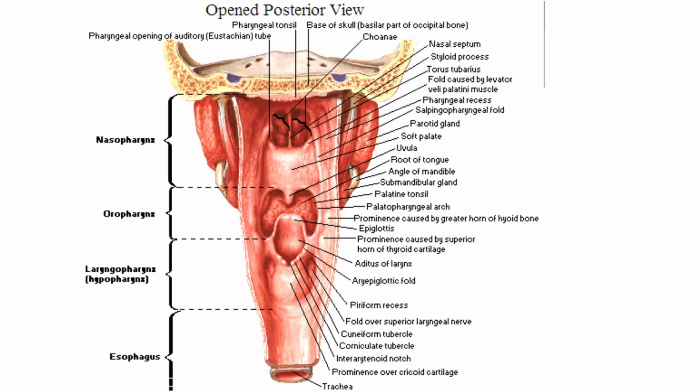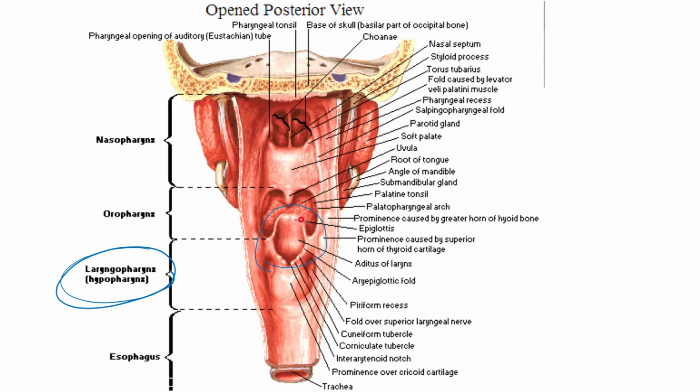This is the opened posterior view showing the structures which make up the relations of the laryngopharynx. As we can see over here, the laryngopharynx, or the hypopharynx, is exposed from the posterior side. This is the area of the laryngeal inlet, which has already been discussed. The laryngeal inlet makes up the upper part of the anterior wall of the laryngopharynx.